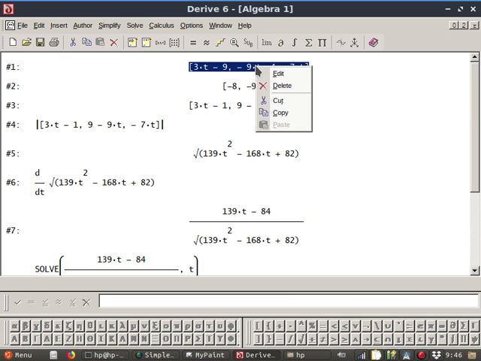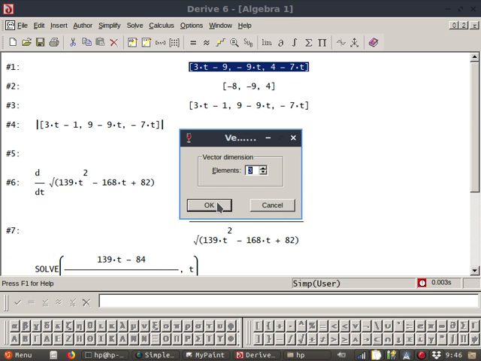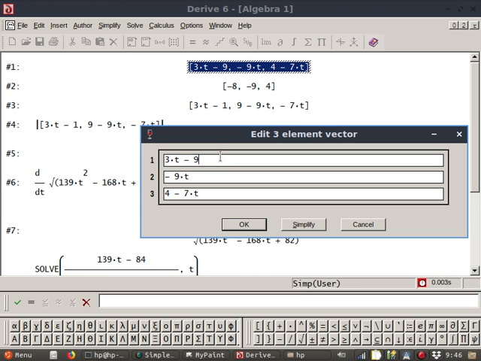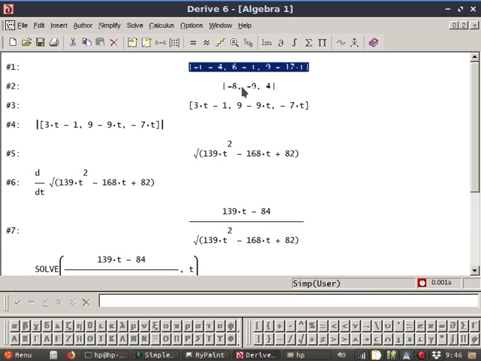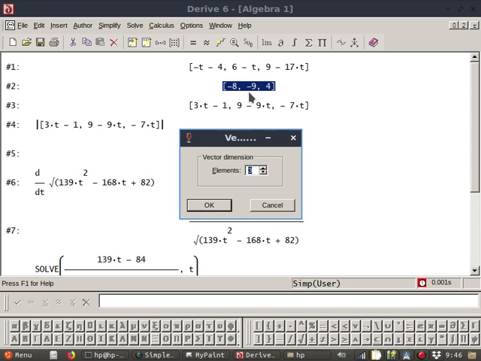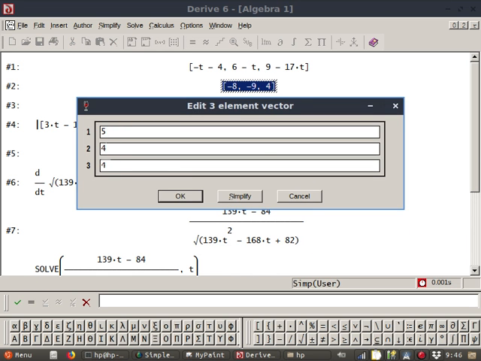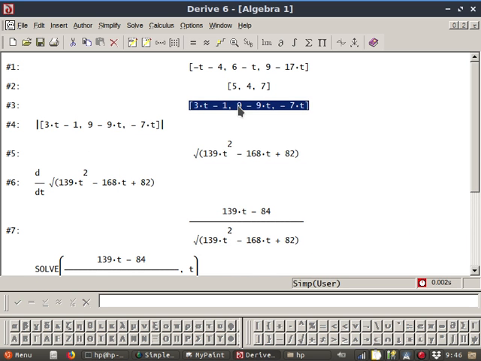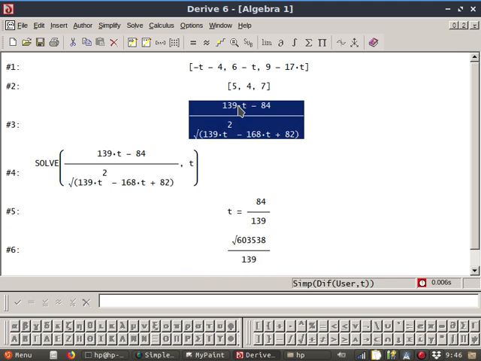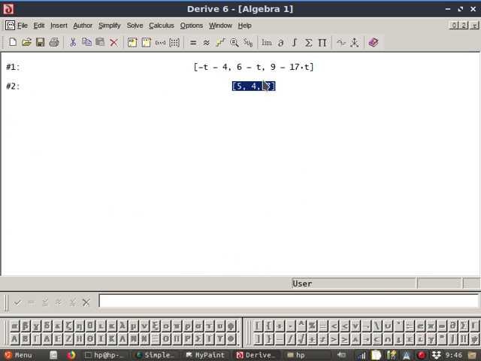So can you tell me what this is now in 6A? Minus 4 minus t. 6 minus t. 9 minus 17t. Like this? Yes. Okay, and then the x? 5, 4, 7. Is it minus 5, 4 minus 7?